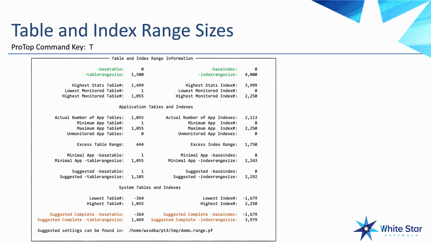A lot of times people don't pay attention to schema information, but if your application does compile on the fly, or if you use a lot of dynamic queries and things like that, you may find that there's a surprising amount of activity going on in those system tables. So it can be very helpful to enable the complete table and index range sizes. When this command is run, it also creates a temporary PF file that you can use as a template to add to your startup parameters if you're wanting to do that.